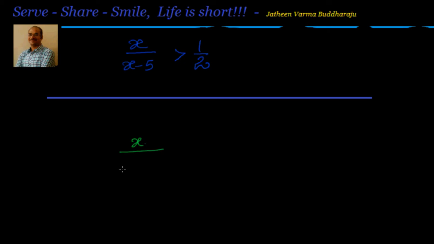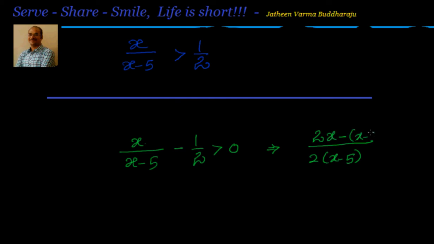So my first step will be x by x minus 5 minus 1 by 2 is greater than 0. If I simplify that, I will have 2 into x minus 5 is my LCM. I will have 2x minus x minus 5 greater than 0.